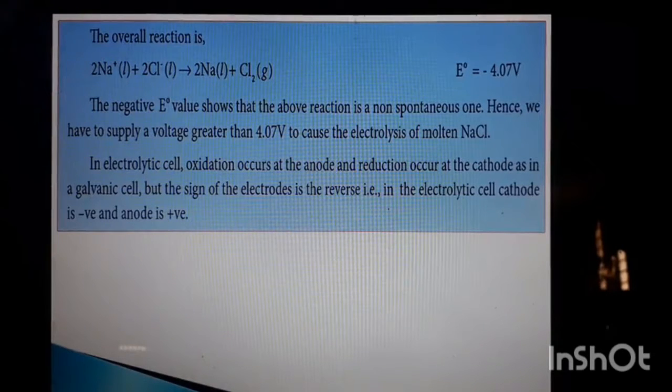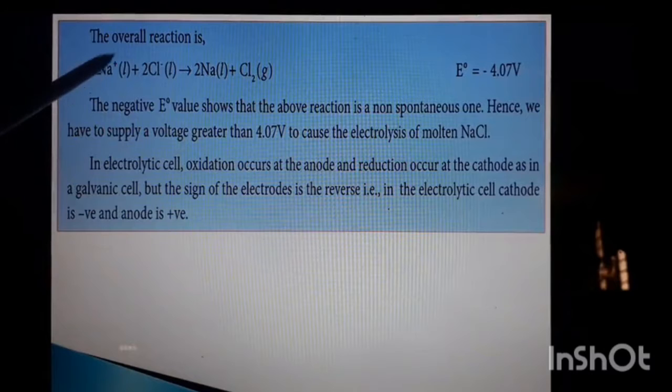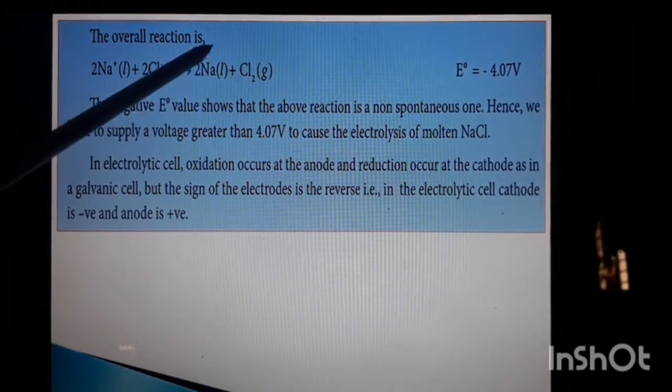Now the overall reaction, liquid sodium plus Cl2. We add the two equations. In these two equations, the electrons cancel.